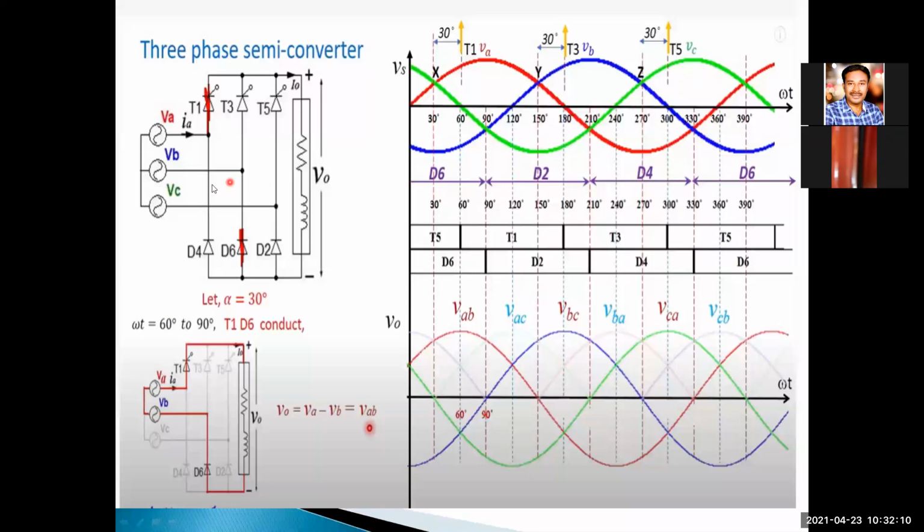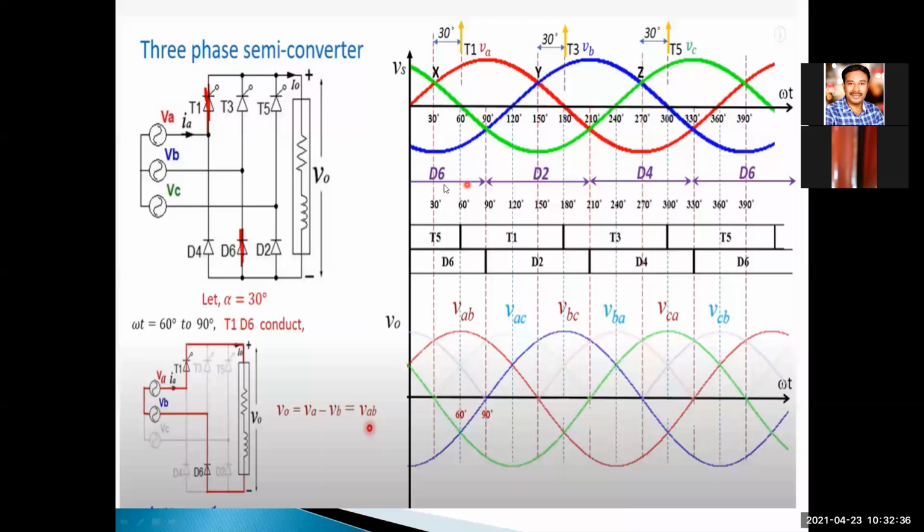VC is connected to the diode D2, so diode D2 is forward biased and in conduction mode for 90 to 210 degrees. Below 90 degrees, D6 is in conduction because the B phase is more negative.